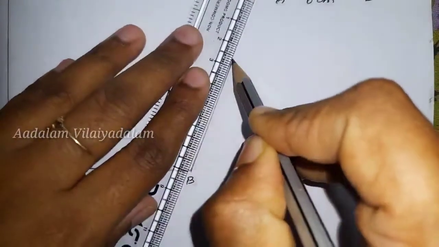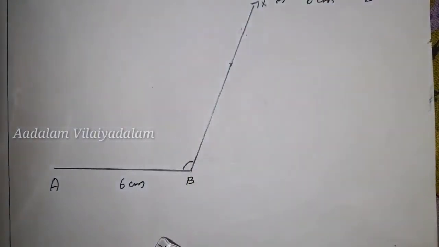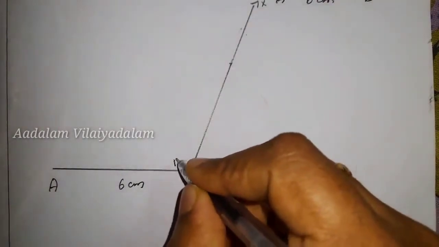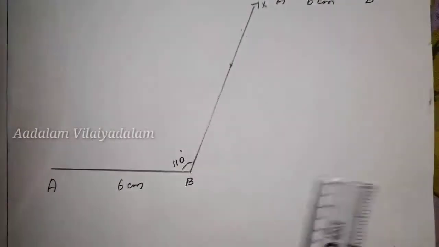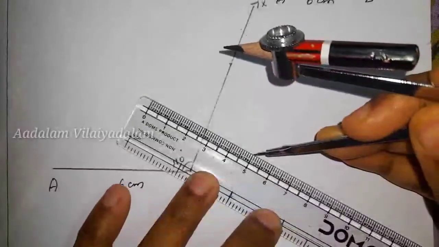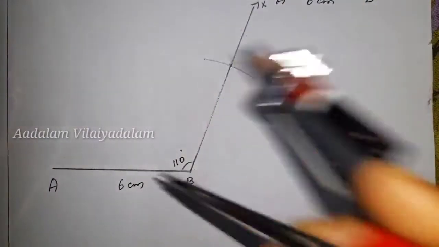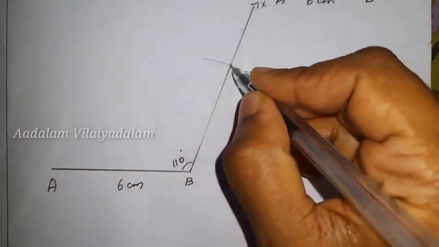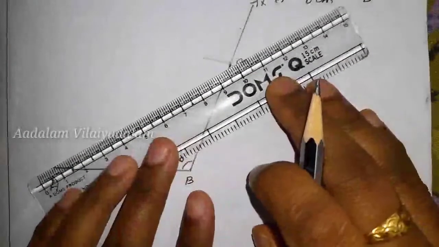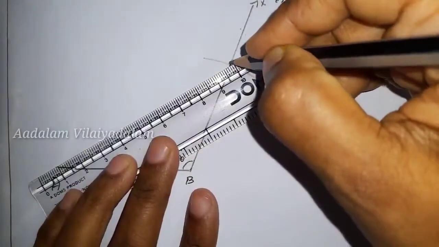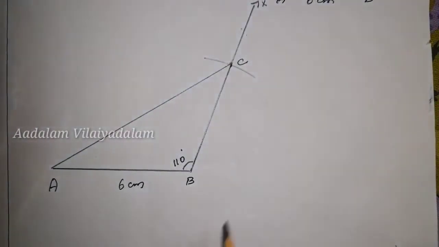Draw the line, this is X, 110 degree. At B center make the arc 5 centimeter here to get the point C. That point is C. Now join AC. So we get the triangle ABC.